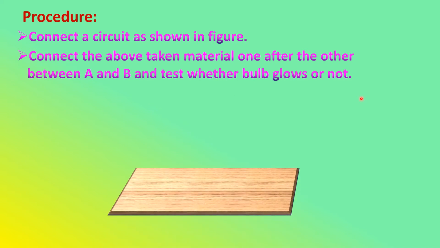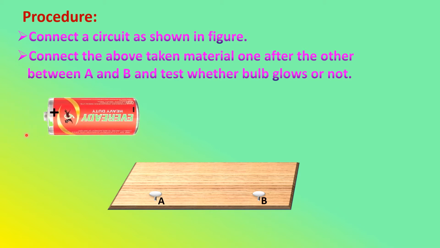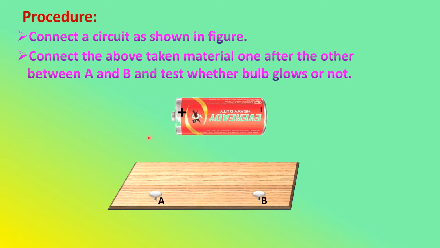See here how I am connecting a circuit. This one is the wooden plank. Here are the drawing pins. These two drawing pins are pinned at A and B, and here is the cell, dry cell.